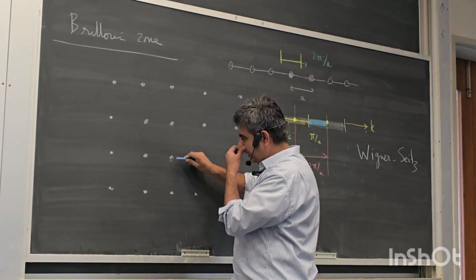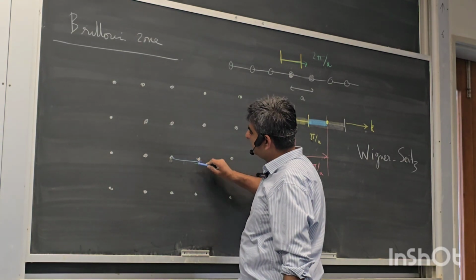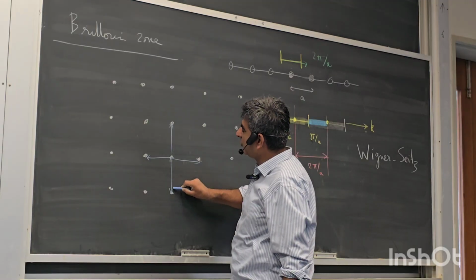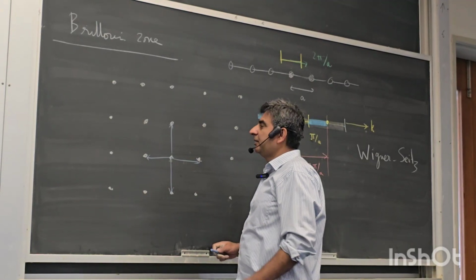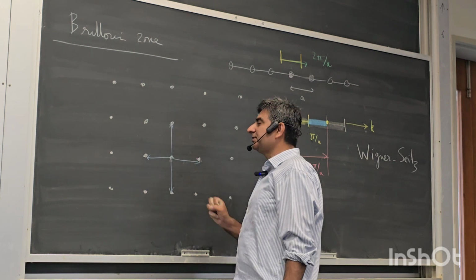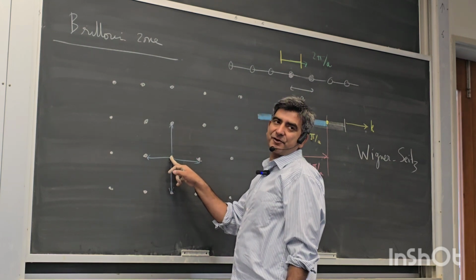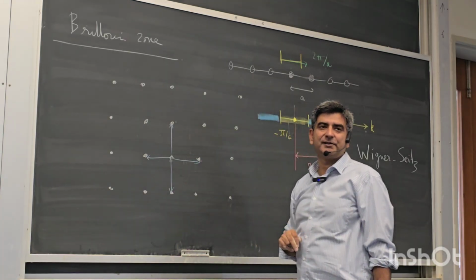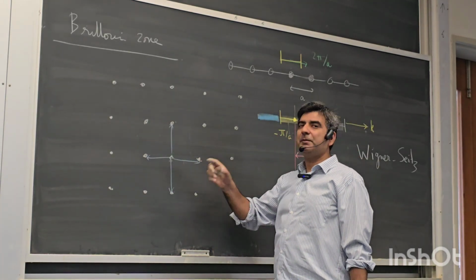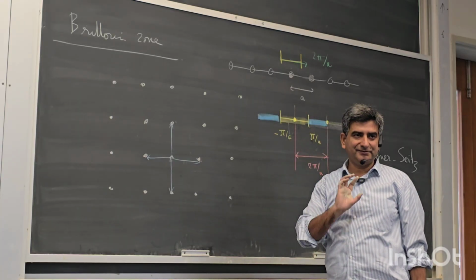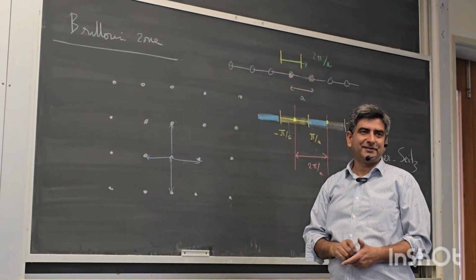I draw the reciprocal lattice vectors emanating from this point, to the points that have the smallest distance to it and are equidistant. So all these four points have the smallest distance. These are the minimum-sized reciprocal lattice vectors in this crystal.